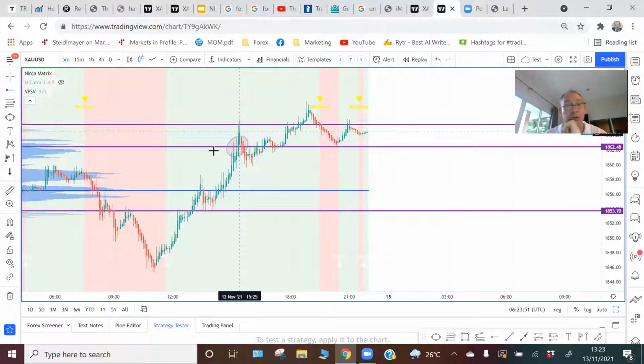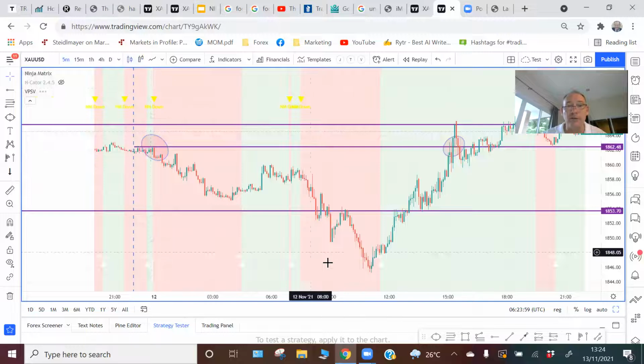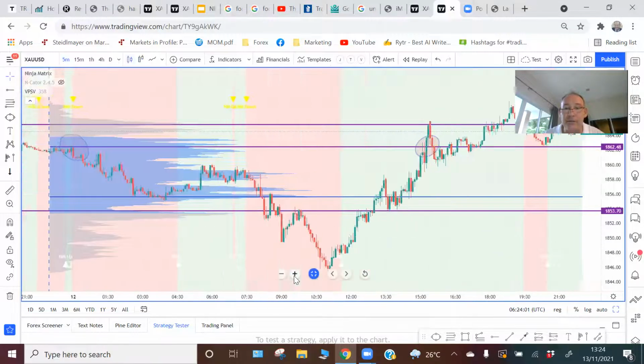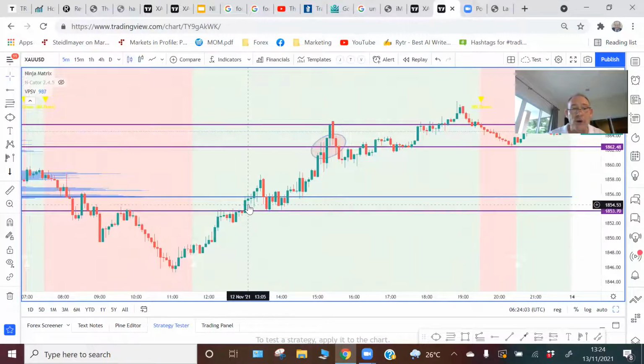But what we do is we wait till it hits the value area. Now, I said to you, I may get in this candle or this candle. The settings I have for the matrix are really powerful. It's really key.